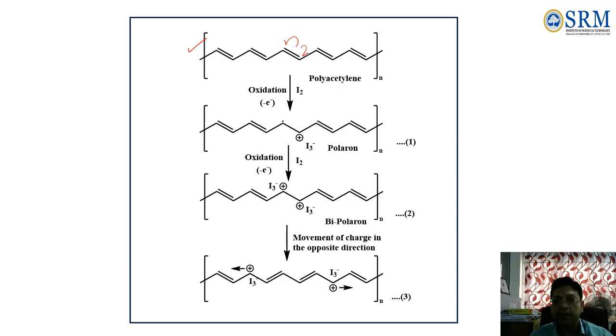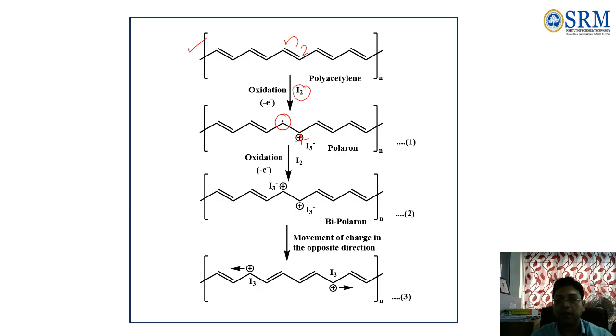This electron further is given up to the iodine. That creates this radical ion. So here, on this carbon there is a positive charge, and on this carbon there is a radical. So this is called a polaron.